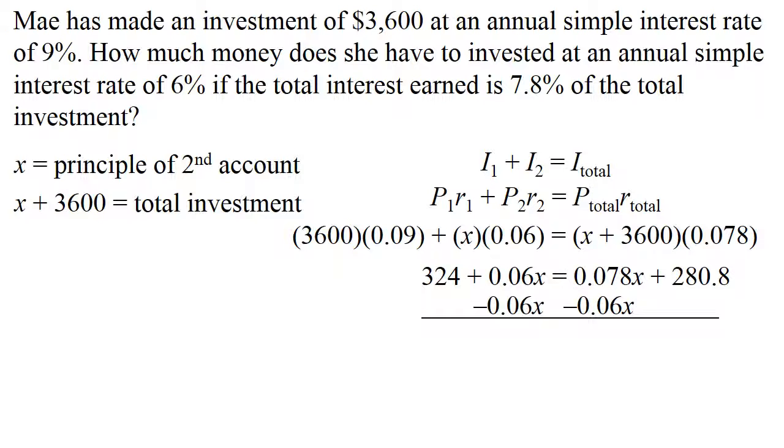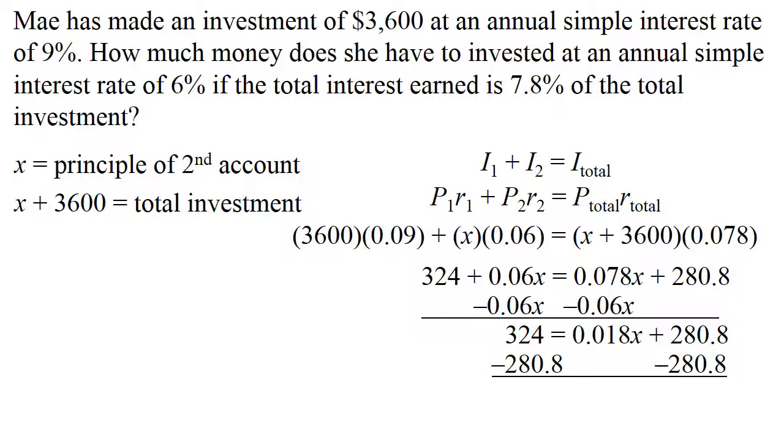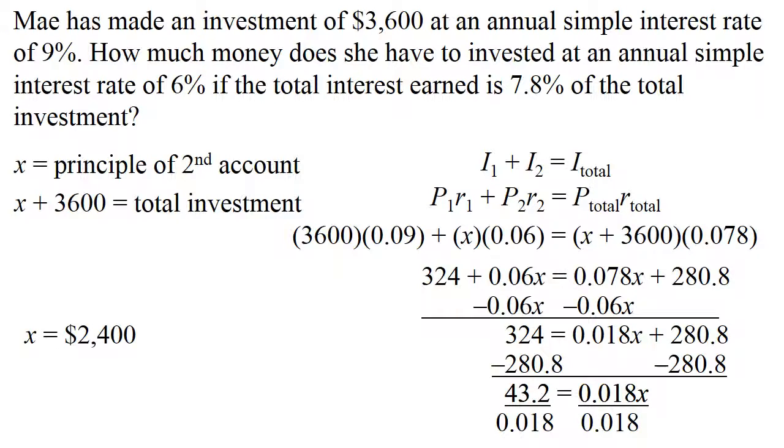I'm going to subtract 0.06x from both sides, getting 324 equals 0.018x plus 280.8. Now we're going to isolate the x. So get rid of the constant value that's on its side of the equation, the 280.8. And then get rid of the coefficient. So divide both sides by 0.018. And we get x is 2,400.